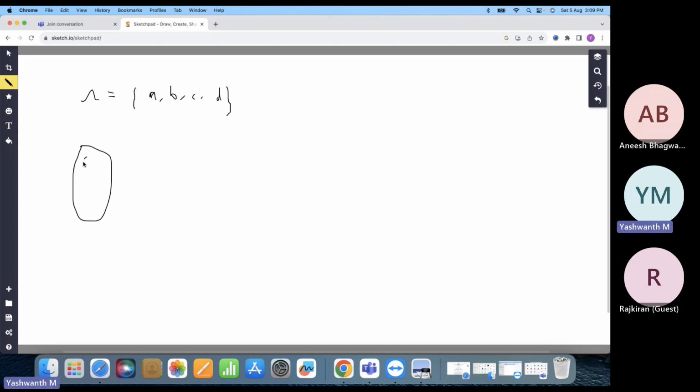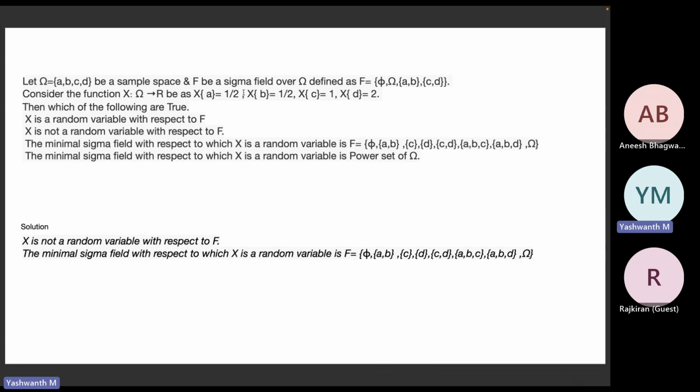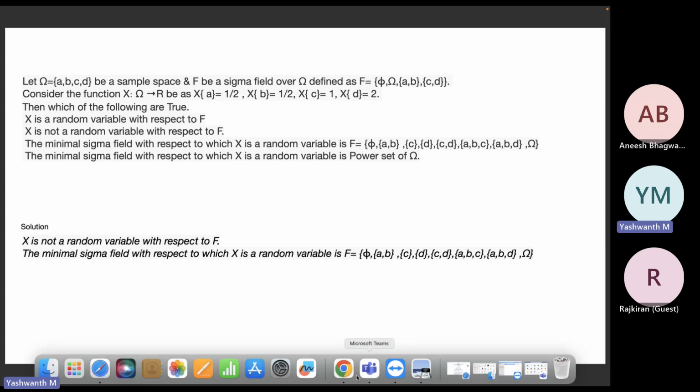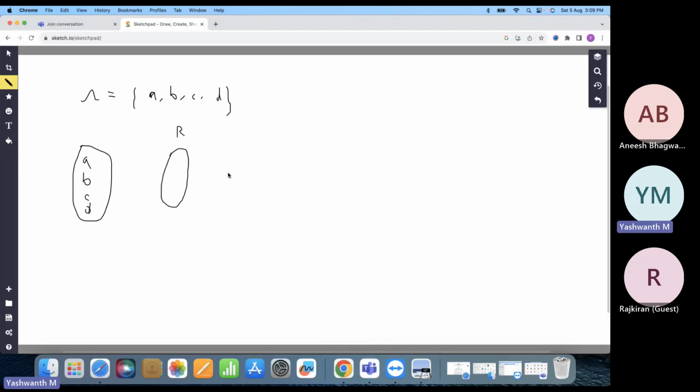So this is a set A, B, C, and D, and this is another, say the entire R. Within that you have 0.5, 1, and 2. A and B map to 0.5, C goes to 1, and D goes to 2.